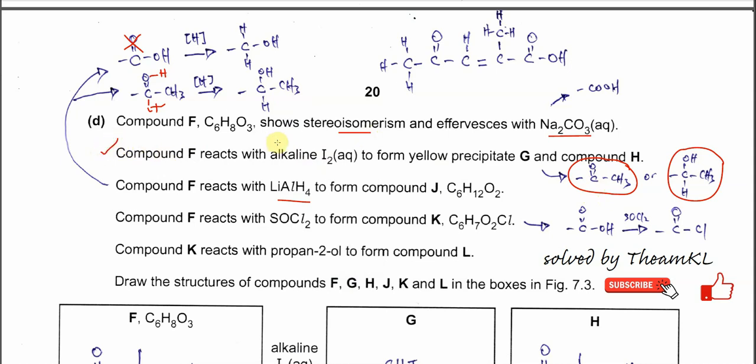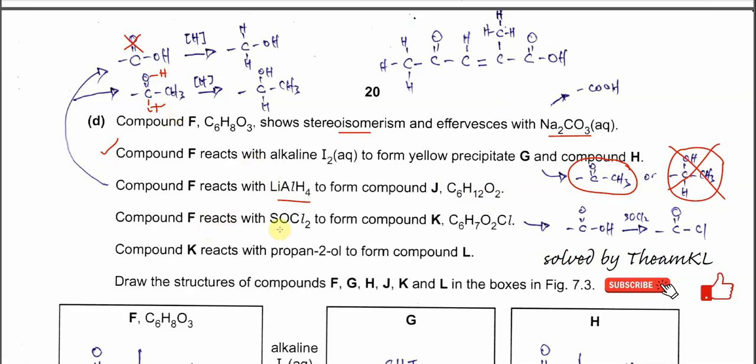Just now I told you it was possibly a methyl ketone or this alcohol. Now it cannot be this alcohol; it must be the methyl ketone because of the molecular formula. So it's telling us that it must be 1 carboxylic acid and 1 methyl ketone, right?